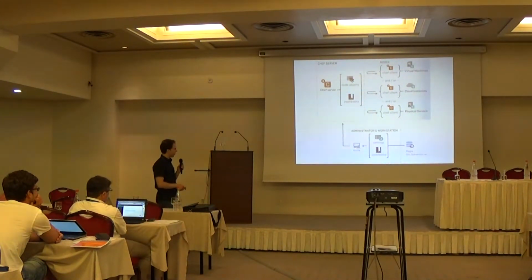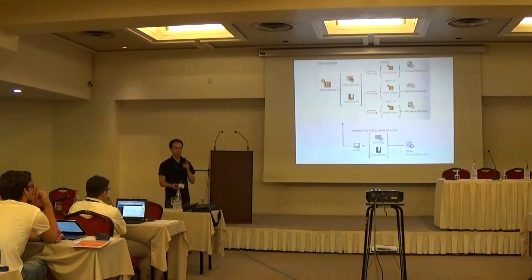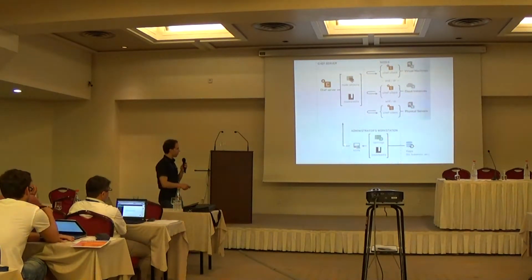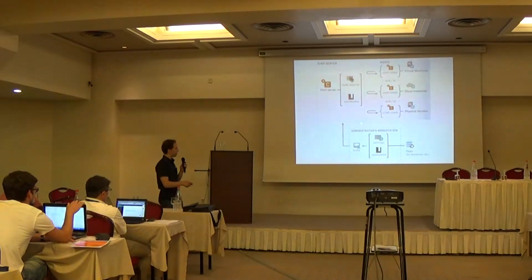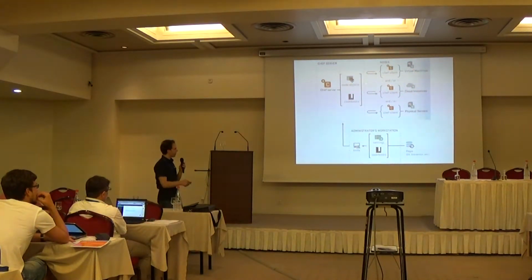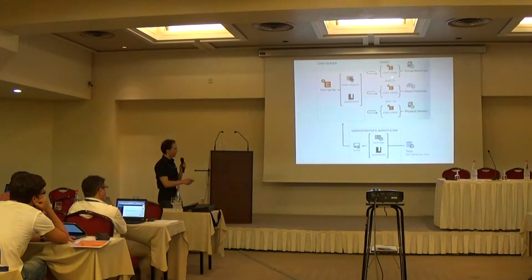But they also provide a workstation client, and you usually have a repository in order to store all this infrastructure code that you write and to version it and so on. That means you can basically pull out the code, use Knife to say, okay, I have to run this cookbook or this recipe on a certain machine, and then the Chef server takes care that it's executed on the machines that are supposed to.